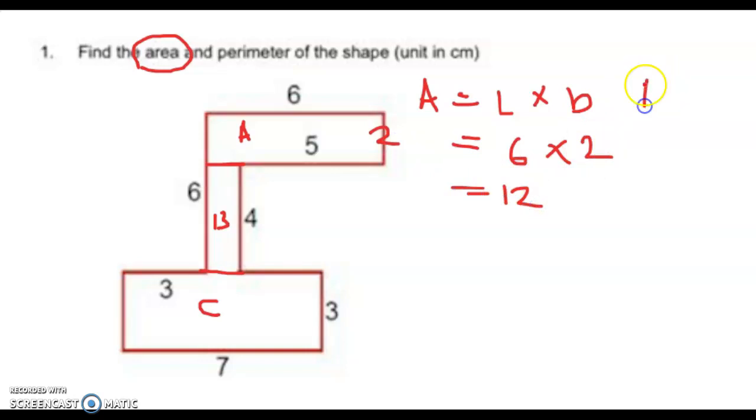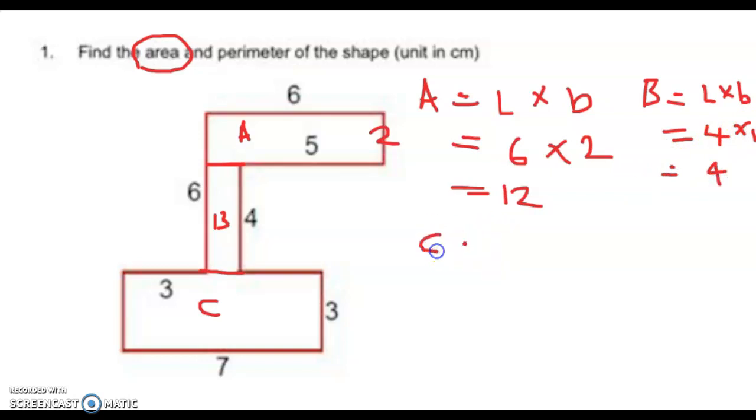Now I'll find for B. Again, I have a rectangle because the breadth and length are not the same. The formula is length into breadth. Now this length is 6, not 6, right? It's 4, yes. And then the width is 1, so length 4, width 1, so it's 4.